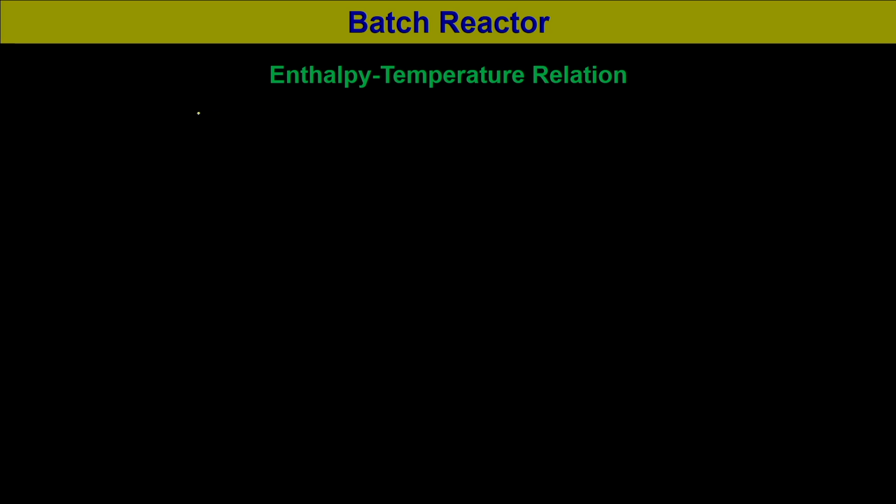Now, we have rho H cap is equal to summation over k is equal to 1 to N of C k times H f k plus C p k times T minus T reference.